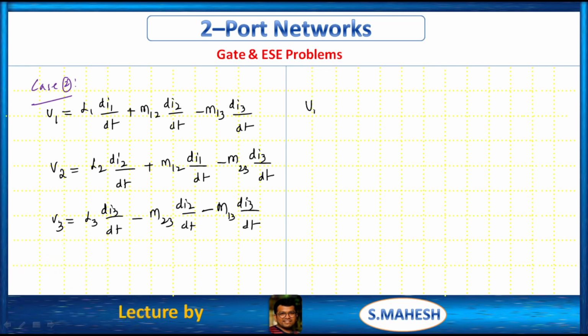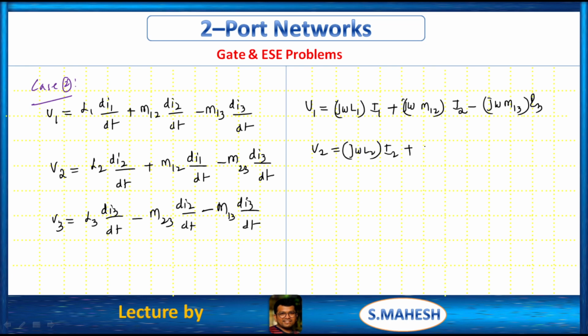Next, in frequency domain, what we have: V1 equals j omega L1 into I1 plus j omega M12 into I2 minus j omega M13 into I3. Like that, V2 equals j omega L2 into I2 plus j omega M12 into I1 minus j omega M23 into I3.